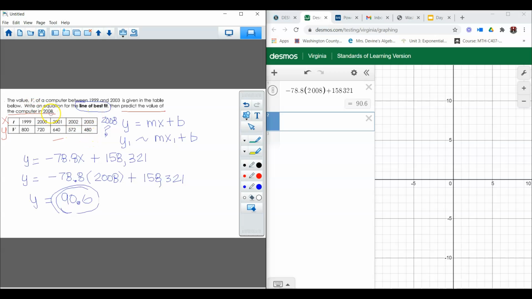In 2008, which is 5 years after this, that's going to be down to $90.60, which is reasonable. That makes sense. At the rate the value of the computer is dropping, if 5 more years pass, it's going to be down to that much. So you're finding your line of best fit just like we've been doing, but then you're making that prediction for the second part of the problem.